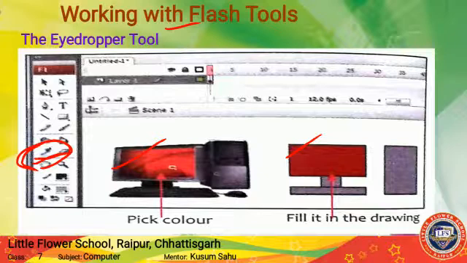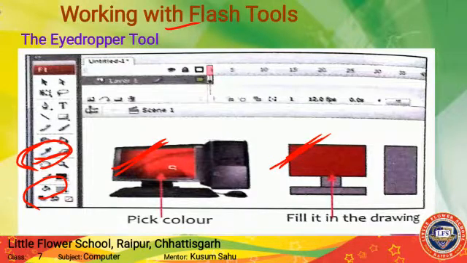After that, you have to pick the color from here. Now after it, you have to click this bucket tool. Now you have to fill the color in here. So basically, the eyedropper tool is used to pick the color from one image and fill it into another image.